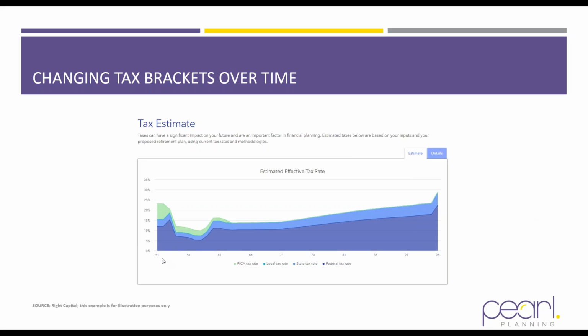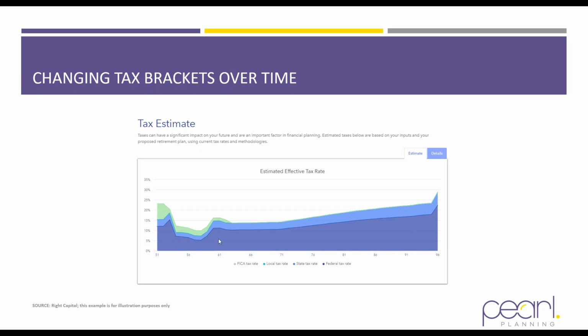This is just a reminder. This is a look at a graph that I took as an example out of one of my clients' retirement plans, and this is how we look at people over their lifetimes. Of course, you can't map out what's going to happen over time, but in this example, we've actually considered a reversion back to old tax brackets with the sunsetting of the tax law.